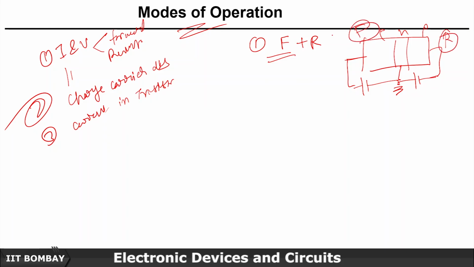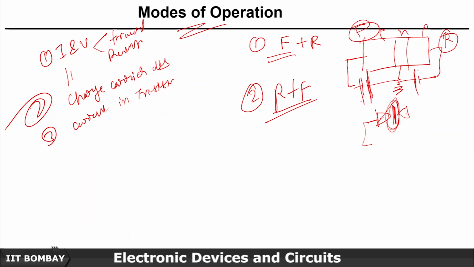And there is a purpose for that, because as we discussed in detail in the last lecture, this makes the transistor such that there are two diodes sharing this N region, and this allows the transfer of current from low resistance to high resistance. Another possibility could be reverse plus forward, where this is reverse biased and this is forward biased. So the question is what will be the charge distribution profile in this case. Let's first discuss the case of forward and reverse, then we'll move to reverse and forward.